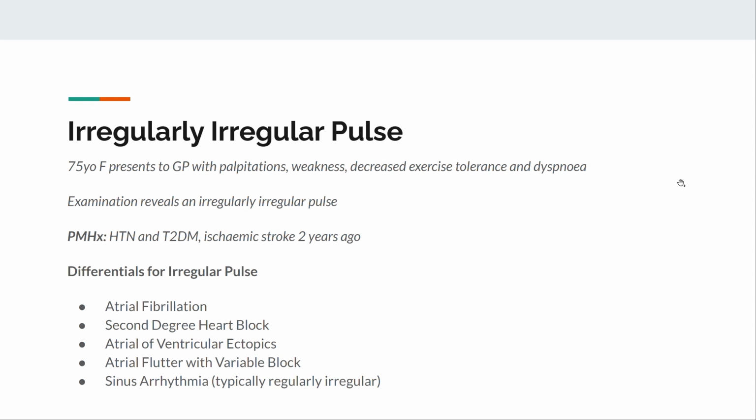Atrial flutter with variable block, again, you'll get a certain number of flutter waves and then a QRS. If that ranges in the block, whether it's 2 flutter waves for each QRS and then 4 for each QRS and then 3 and so on, that'll give you an irregular pulse. And then sinus arrhythmia is another differential.